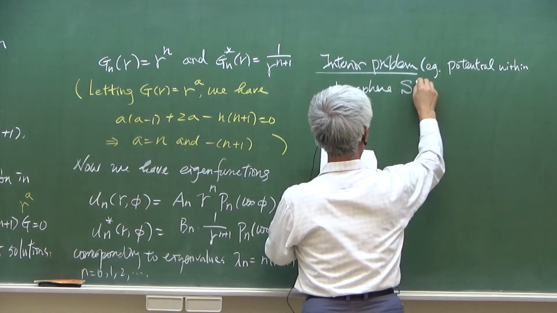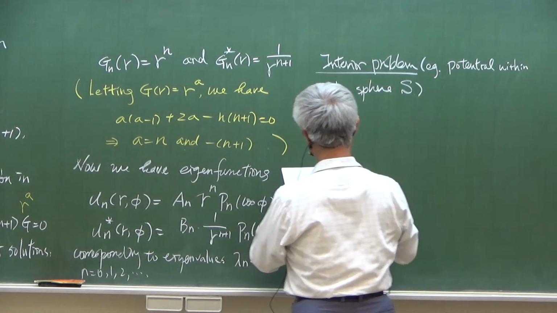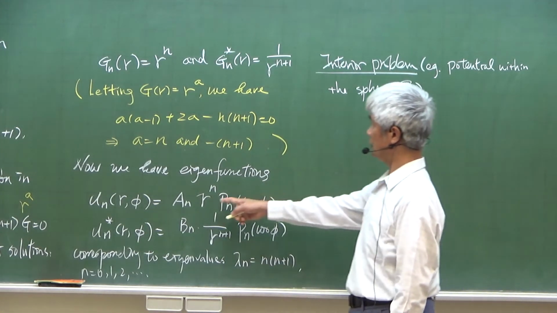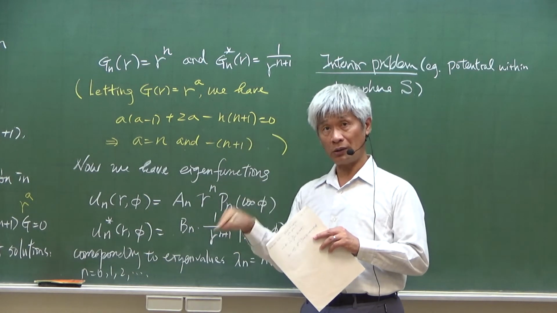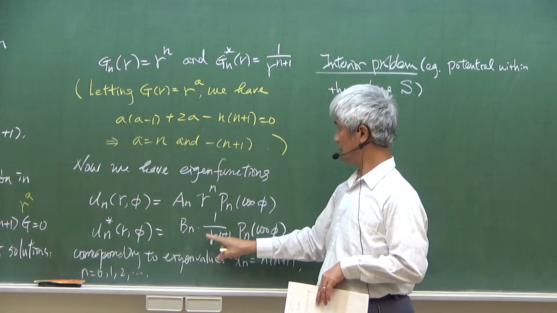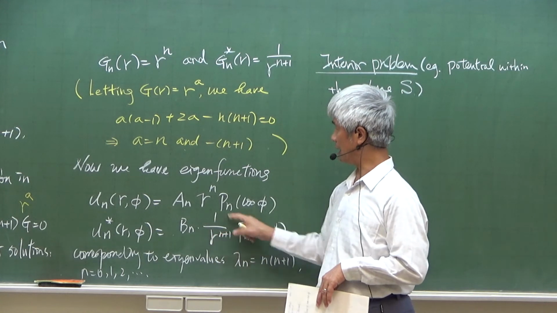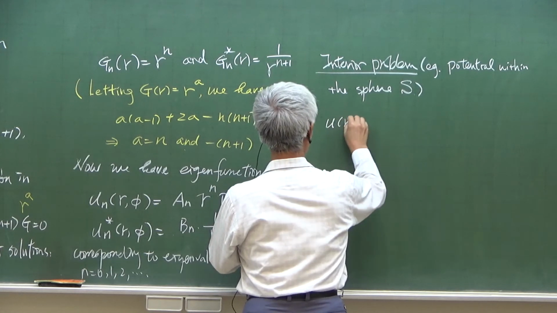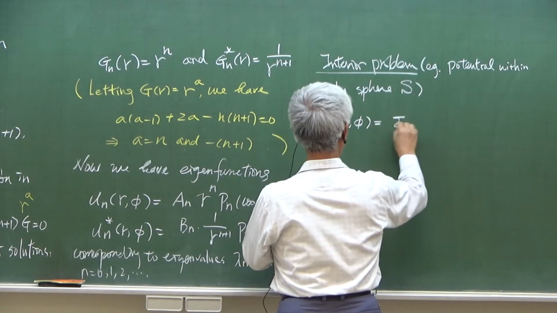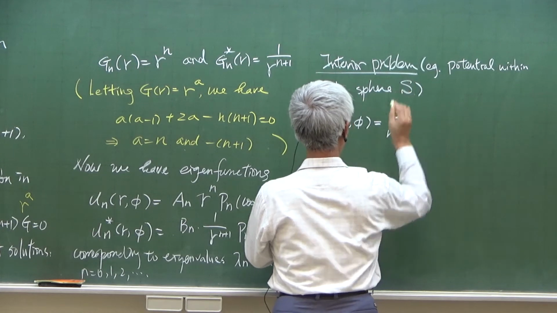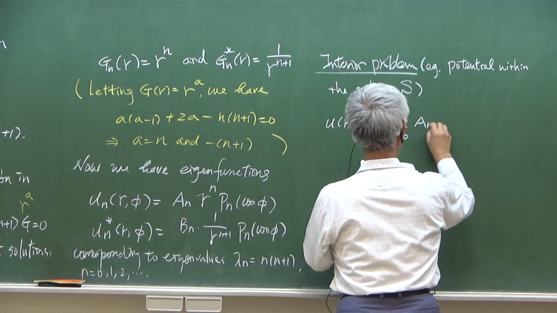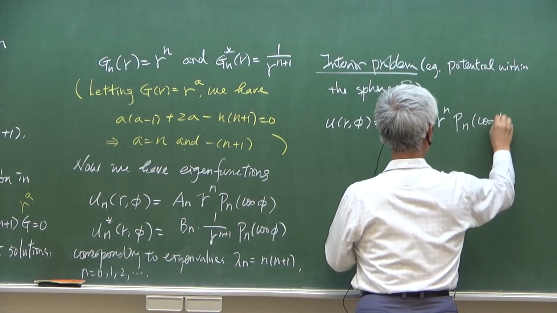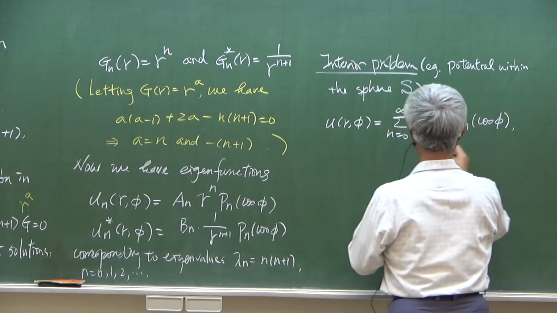So, for the potential problem within the sphere, little r is from 0 to capital R. So we cannot use this kind of eigenfunctions. So we have r, phi, so we try.